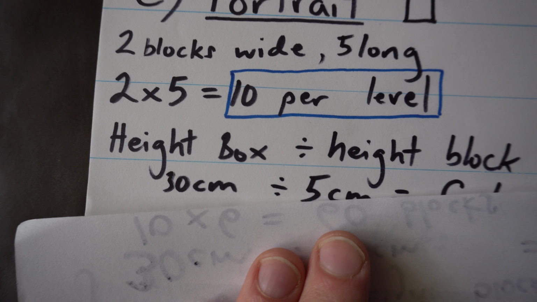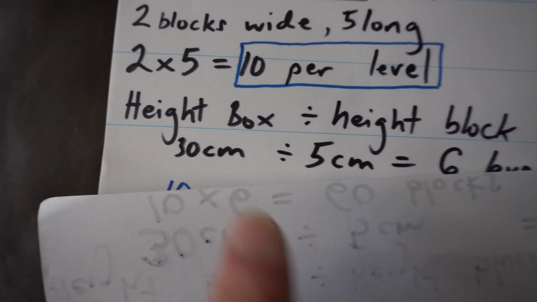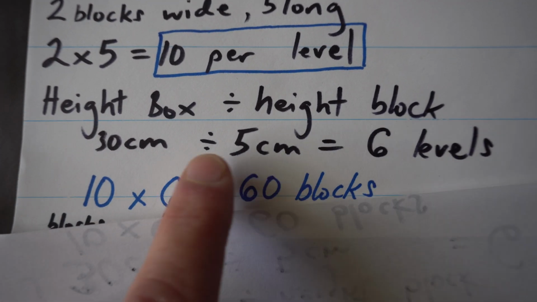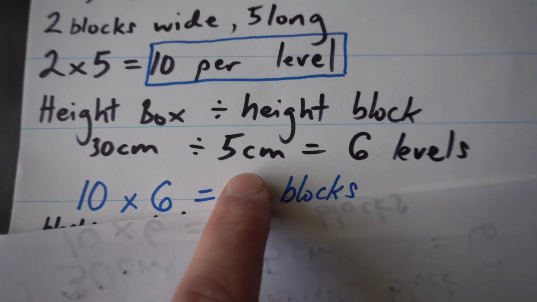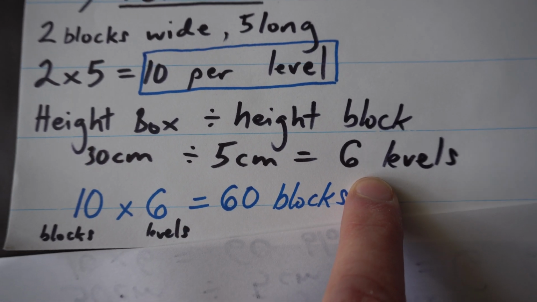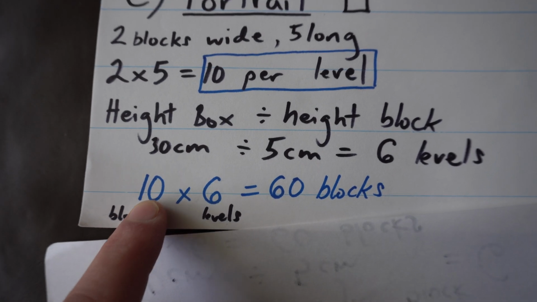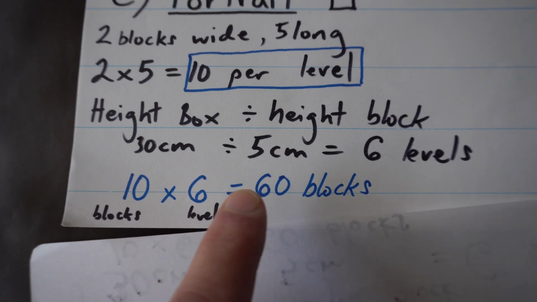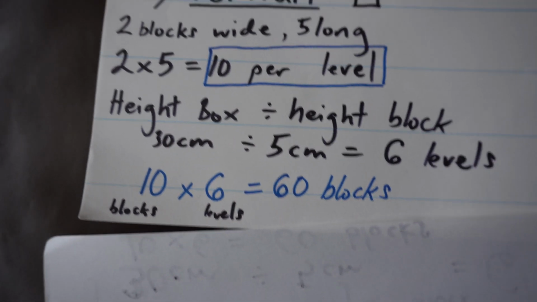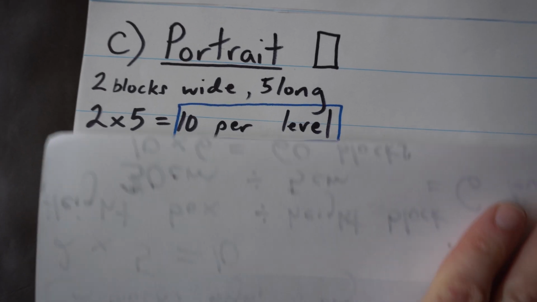Remember that the height of the box was 30 centimeters, and the height of one block was 5, so if you go 30 divided by 5, you'll have 6 levels. That means that if you have 10 blocks on each level, you can multiply by the 6 levels and get 60 blocks. Okay, that's the portrait method.